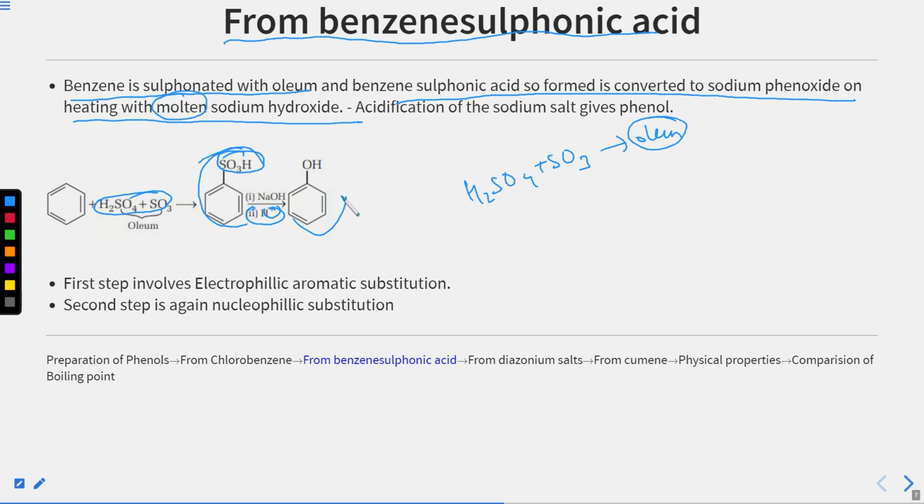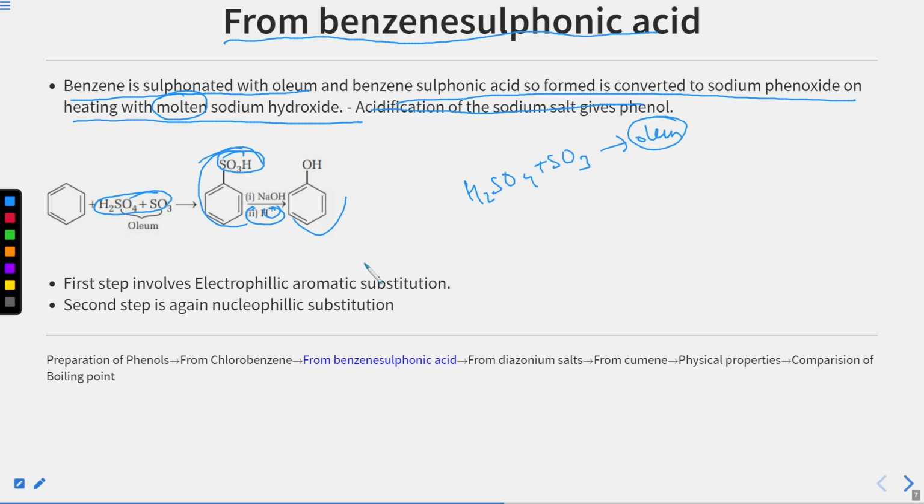So you have to heat it, and acidification of the sodium salt gives your phenol. So these are the two ways. The first one is from chlorobenzene, and the second one is from benzene sulfonic acid. Both of these follow the same mechanism. You can see that first there is nucleophilic substitution and then you protonate it. Okay, is this clear?